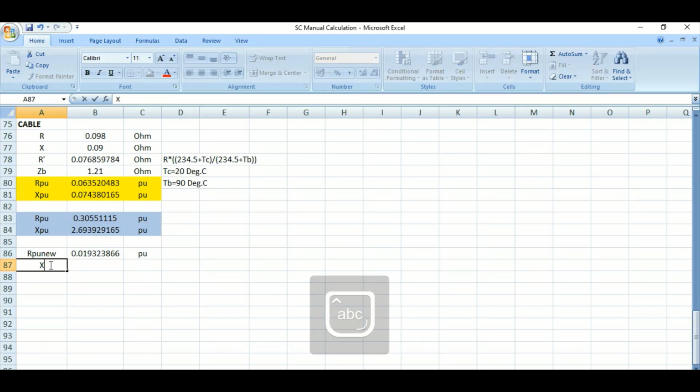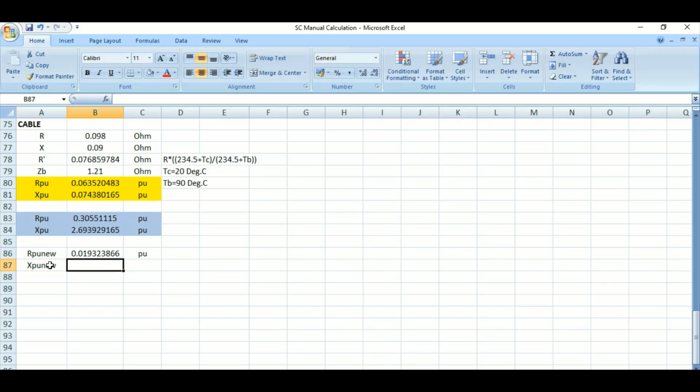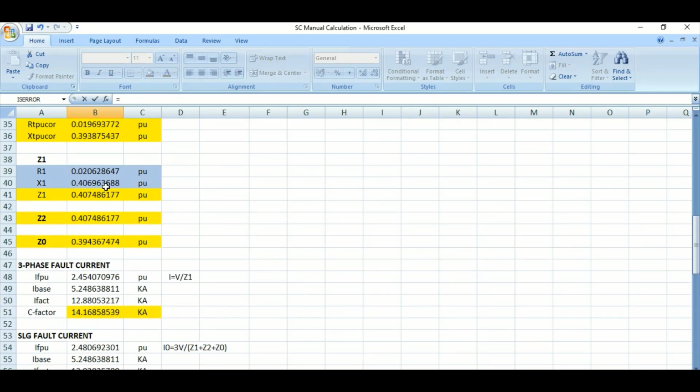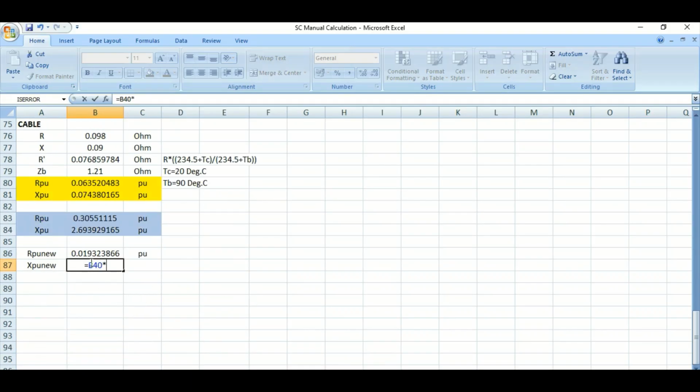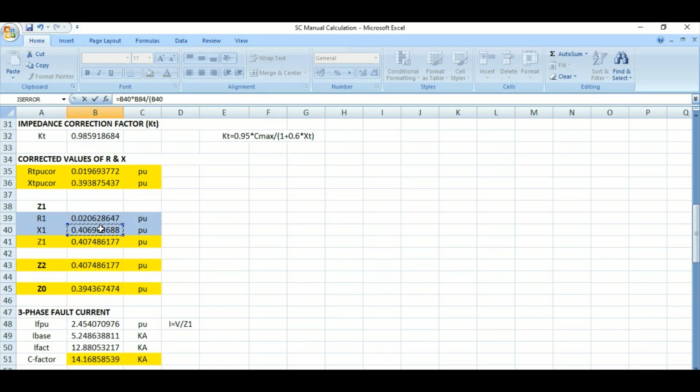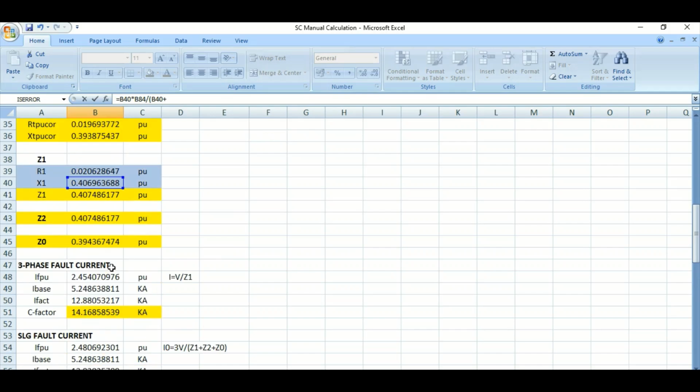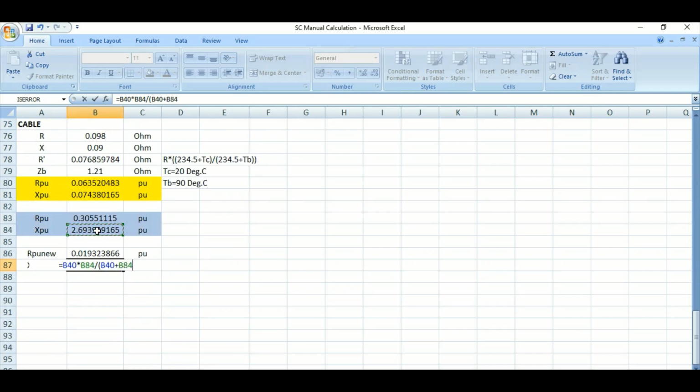Similarly, X pu new is equal to this X value into this divided by X value plus this. So this is also in PU.